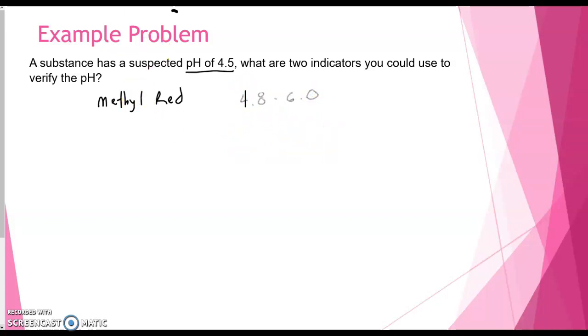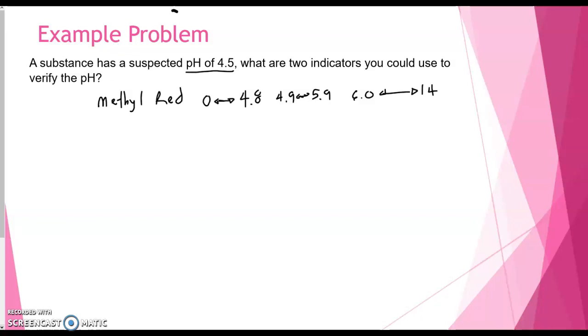Let's look at this even closer, and we'll look at 0 to 4.8, 4.9 to 5.9, and then 6.0 all the way to 14. So here are my three ranges that we have to understand, because they're going to give varying colors. From 0 to 4.8, methyl red is going to be red.